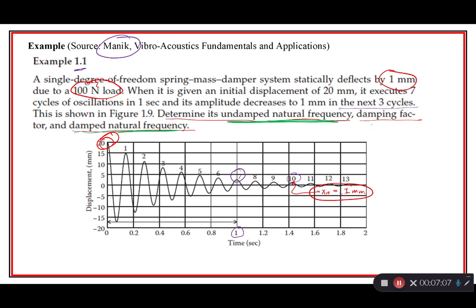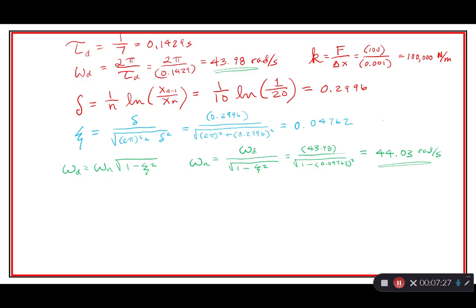I might say the undamped natural circular frequency would be radians per second, or I just say I want it in hertz, and then you need to divide by 2 pi. And we want the damping factor right in here. Okay, I guess we already got it, right? Because we got the damping factor right here.